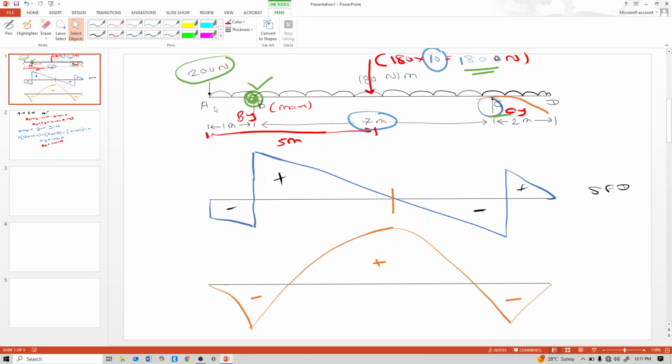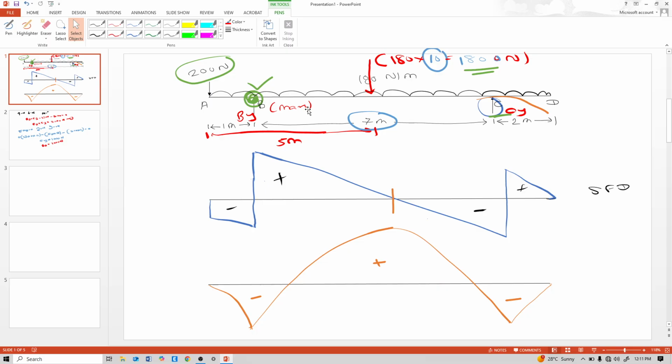See, this By is 1000 Newton, this Cy is also 1000 Newton, and the total upward reaction is 2000 Newton, and the total downward load is also 1800 plus 200, which is 2000. That's why every action has an equal and opposite reaction.